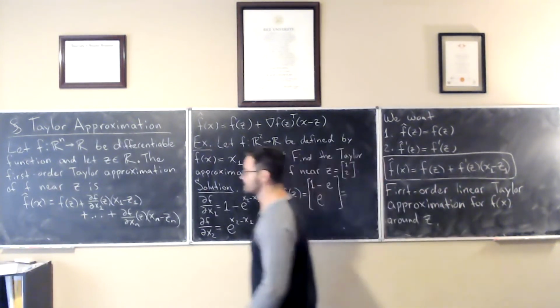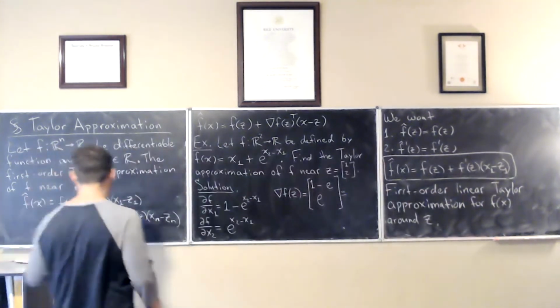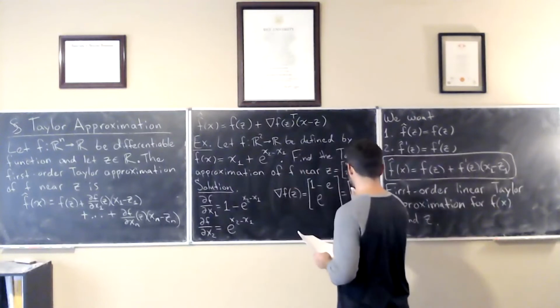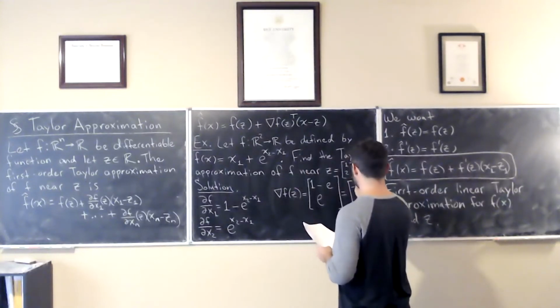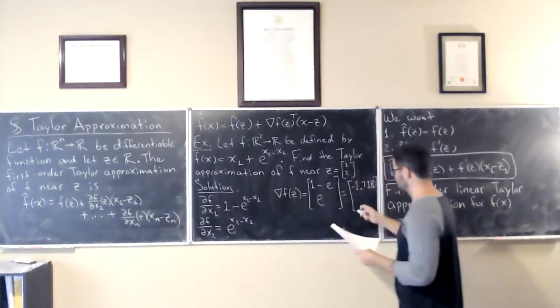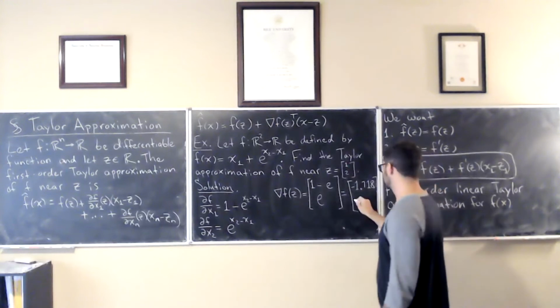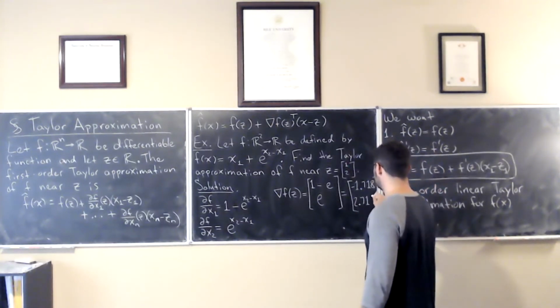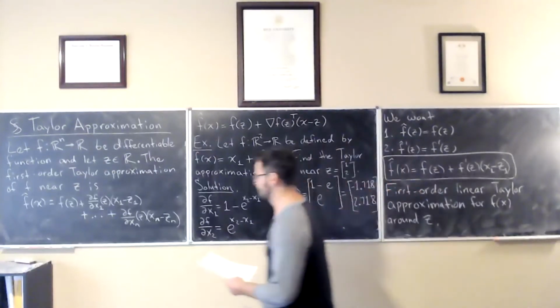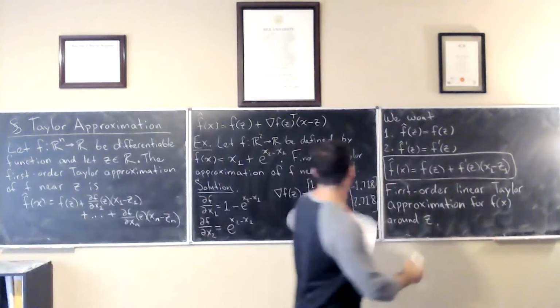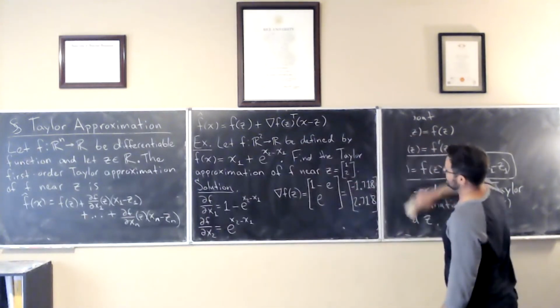Oh, and these have numerical values, probably useful. It's negative 1.718, and then here it's 2.718. Okay, so that's your gradient evaluated at that vector z.